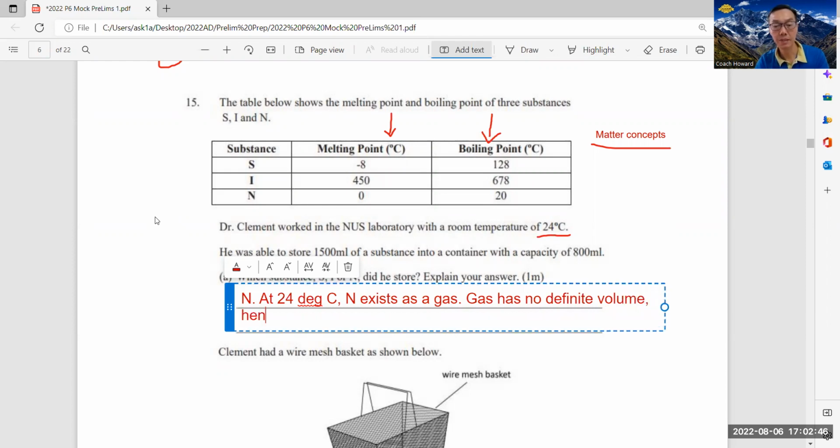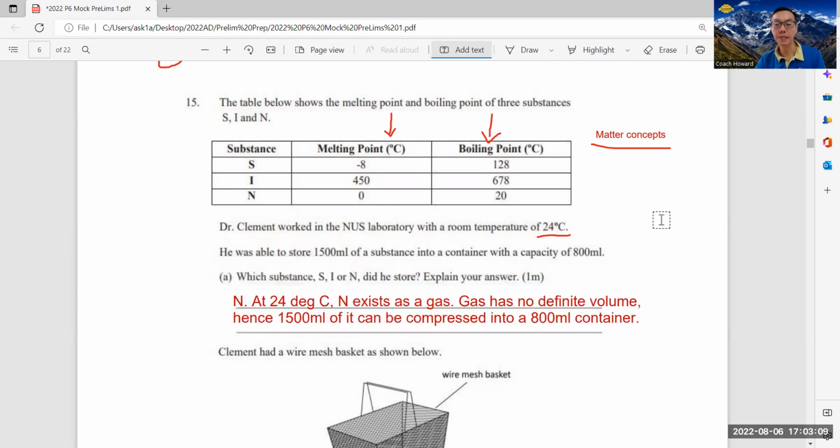Hence, 1,500 ml of it can be compressed into a 800 ml container. Okay, that's the answer. Gas has no definite volume, hence 1,500 ml of it can be compressed into 800 ml container.